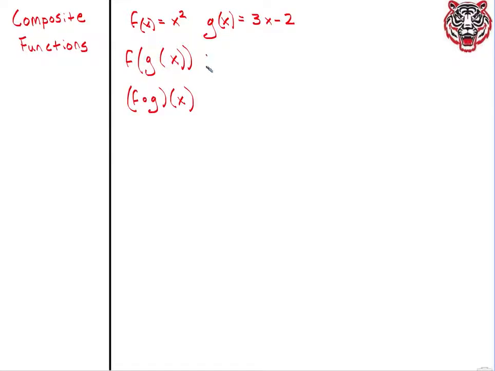Another way of writing this is f of, and since g of x is 3x minus 2, I replace g of x with 3x minus 2. Now that I'm plugging in 3x minus 2 in the place of x, well, x used to be x squared. In the place of x, I write 3x minus 2 quantity squared.